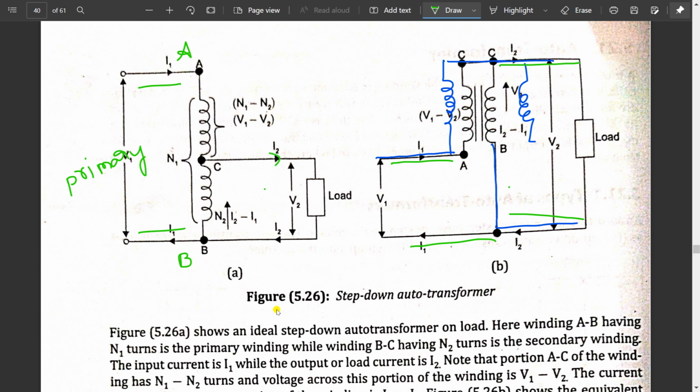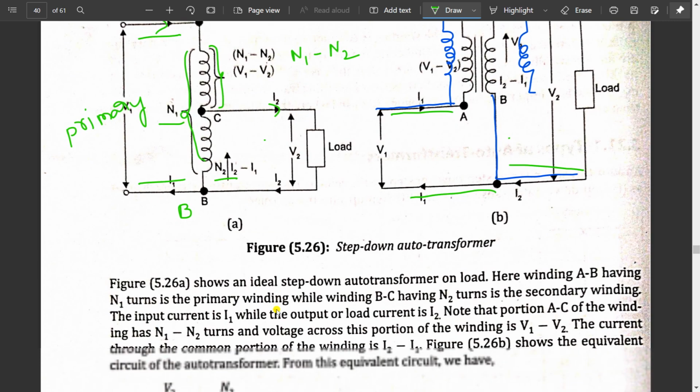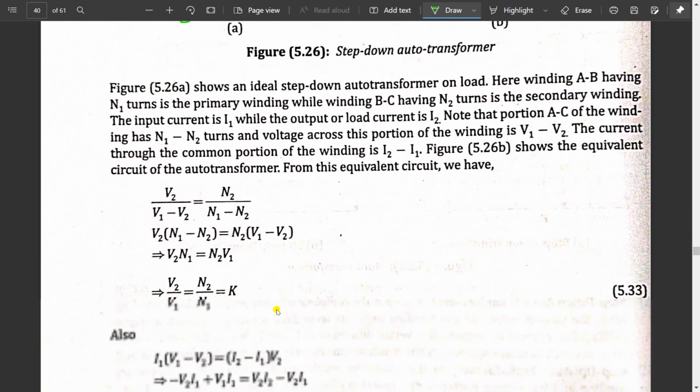The input current is I1 and the output current is I2. If I consider the primary winding turns as N1 and the secondary winding turns as N2, then in between A and C, the value is N1 minus N2. N1 is the total winding and N2 is the secondary winding. This is the diagram for a step down auto transformer using a two winding transformer.